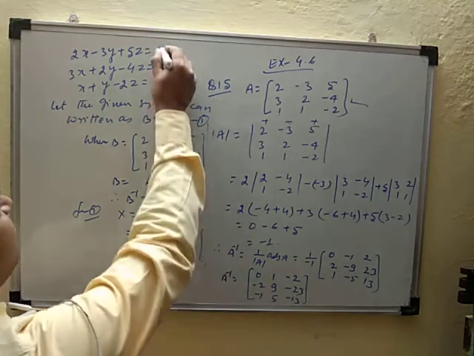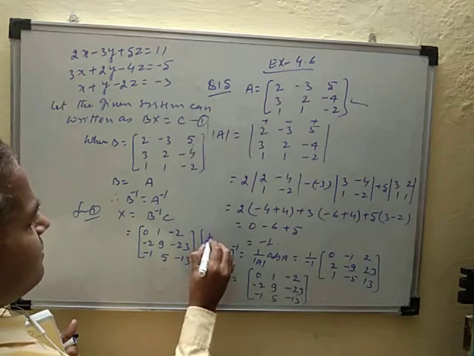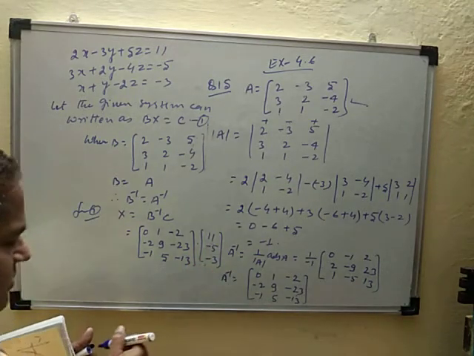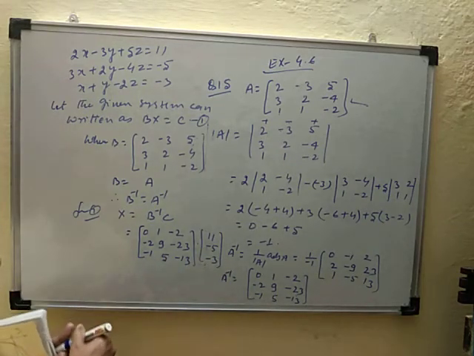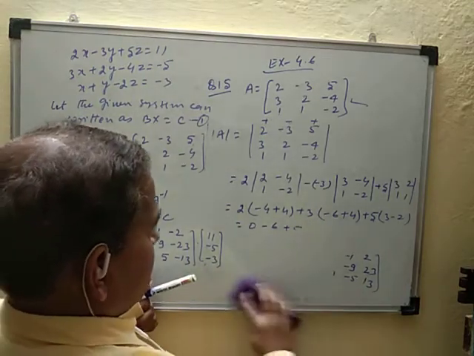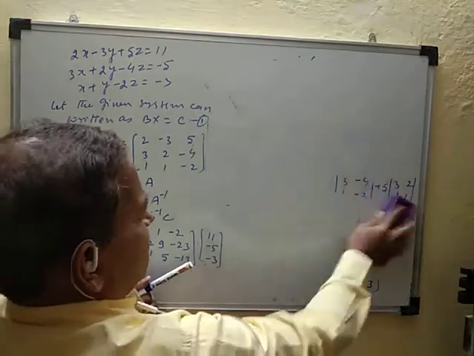C is the matrix 11, minus 5 and minus 3. Now find the product, and find the values of x, y and z.